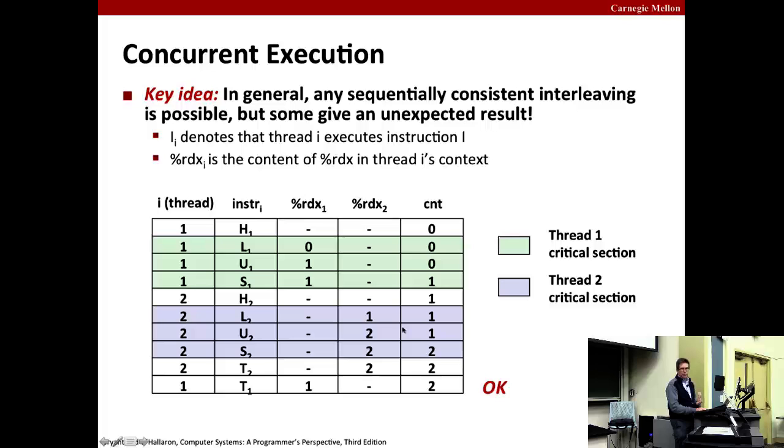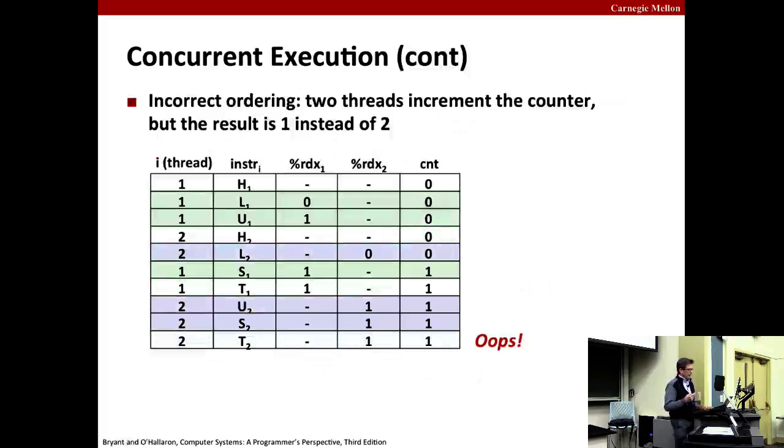All right, let's look at another interleaving, which is feasible, but in this case it results in the wrong value. Here we start with thread 1 again. It loads the value of count into its copy of RDX, updates it, but then before it can store it, the kernel decides to schedule thread 2. So thread 2 begins executing.